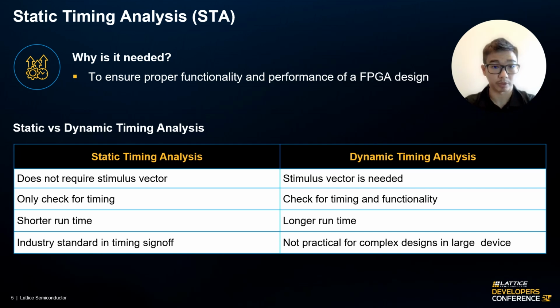This is important because in large and complex designs, having a large amount of stimulus vectors will make the runtime very long and hence not very practical. However, do note that static timing analysis only checks for timing, while dynamic timing analysis checks for both timing and functionality.